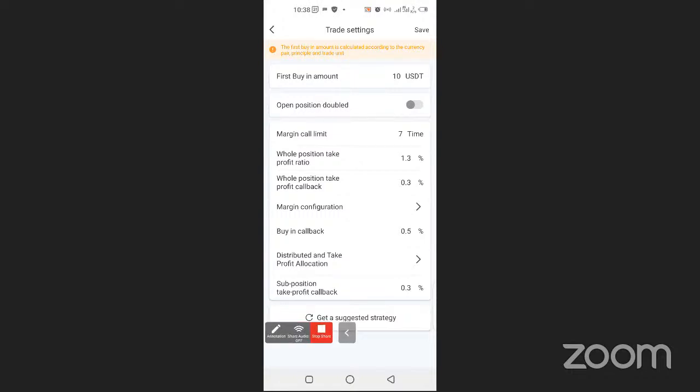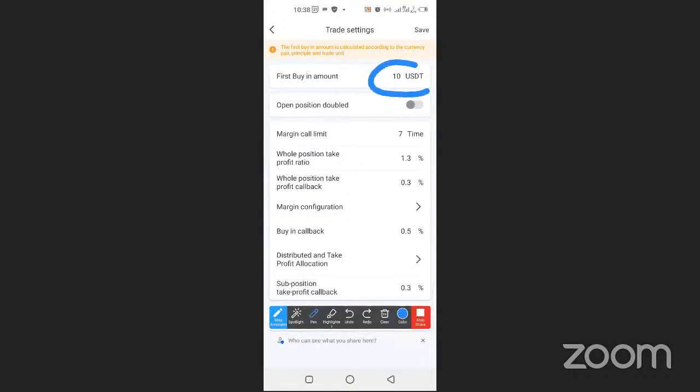Now the trade settings have what you call the first buy-in amount. This is not constant. You put it according to your capital, all right? Then it has open double position. Open double position means that if the robot is going to invest in $10, let it double.